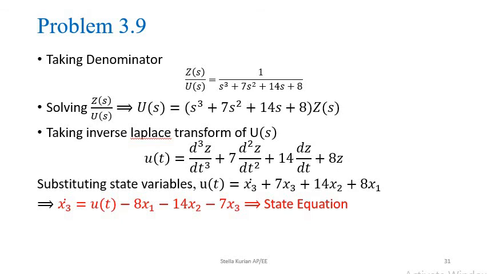While solving the first part itself, we have chosen the state variables. So if you are substituting those values here, you can obtain it as this d square z by dt square will be x3, dz by dt will be x2, z will be x1. And here the function d cube z by dt cube will be x3 dot.